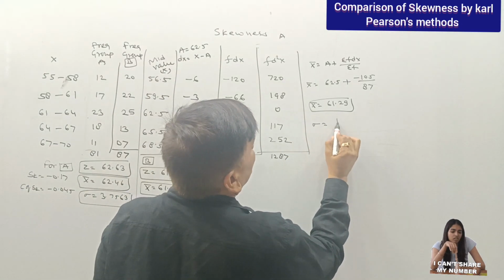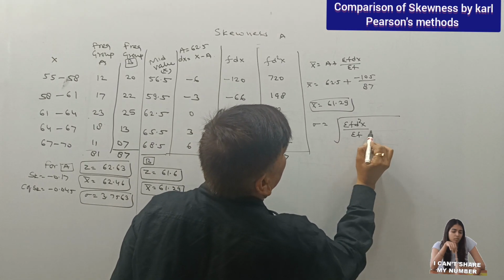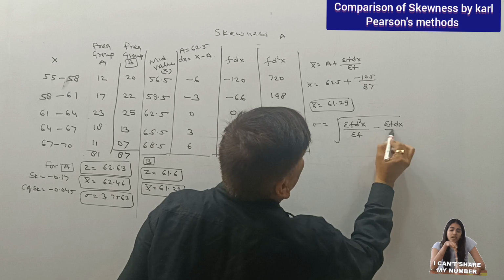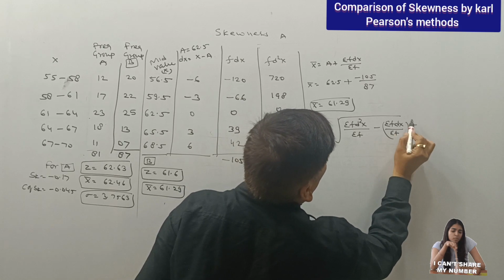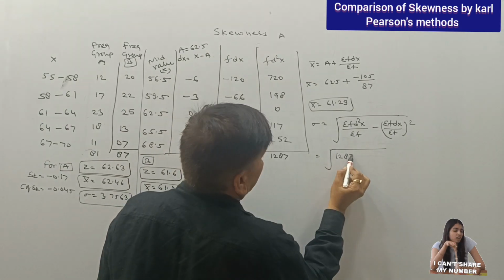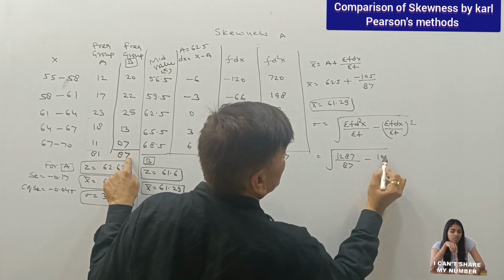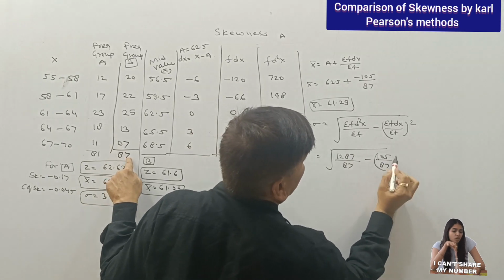The standard deviation formula is the square root of sigma fd square x upon sigma f minus (sigma fdx upon sigma f) raised to power 2. So using this formula, 1287 divided by 87 minus (105 divided by 87) raised to power 2.